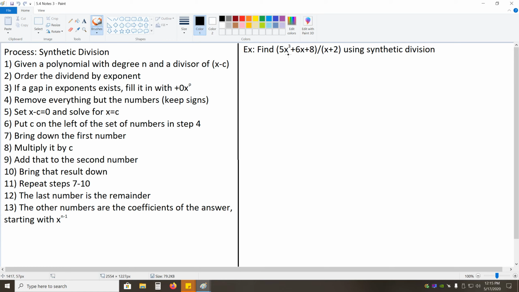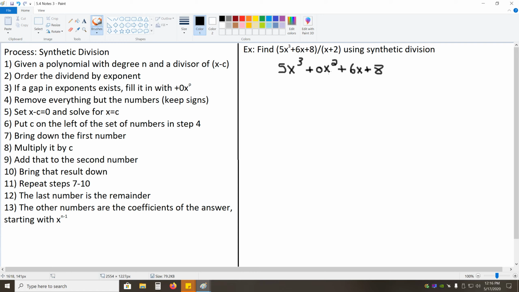The first thing we have to do is make sure that our dividend is ordered by exponent. It is. We have 5x cubed plus 6x plus 8. But notice we are missing the x squared term. So we need to fill that in. We have 5x cubed plus 0x squared plus 6x plus 8.